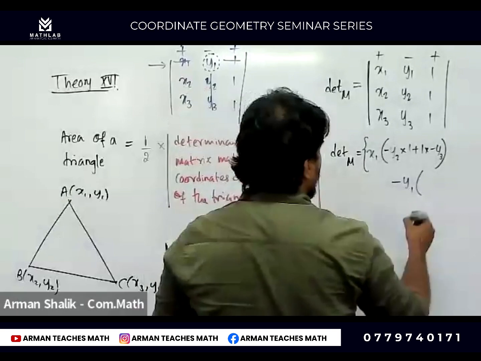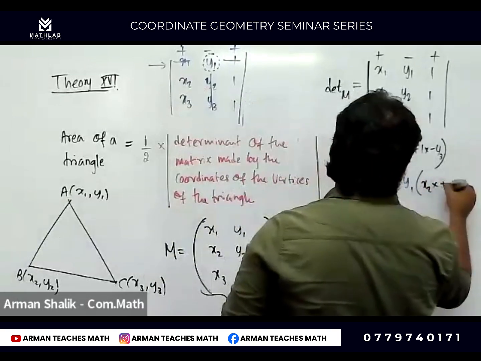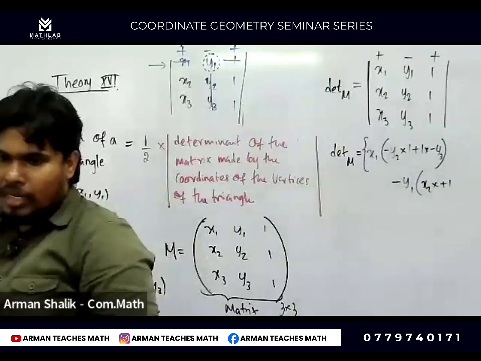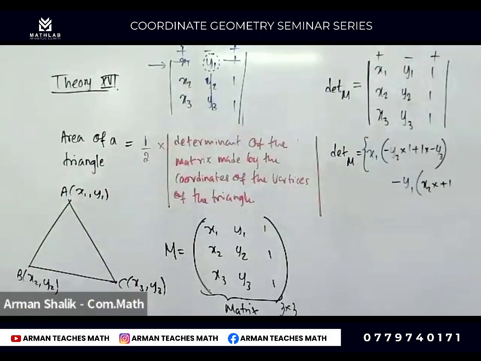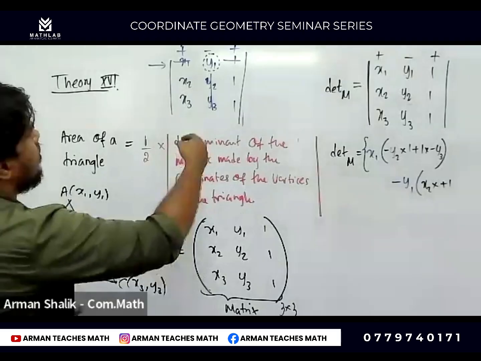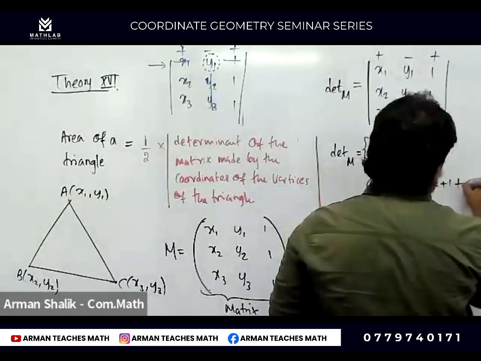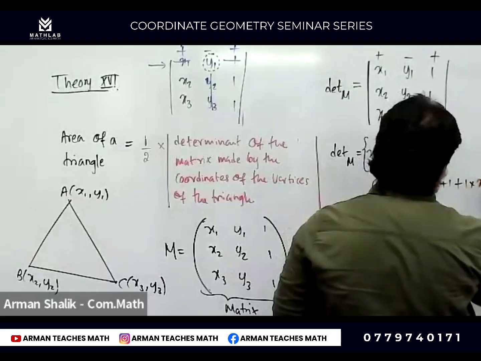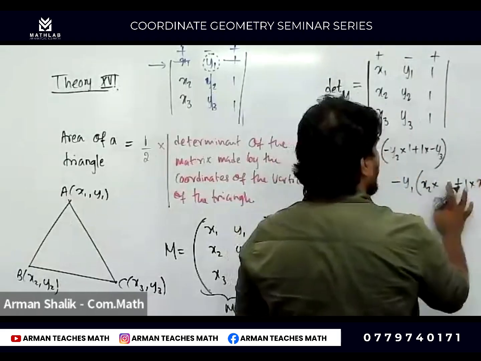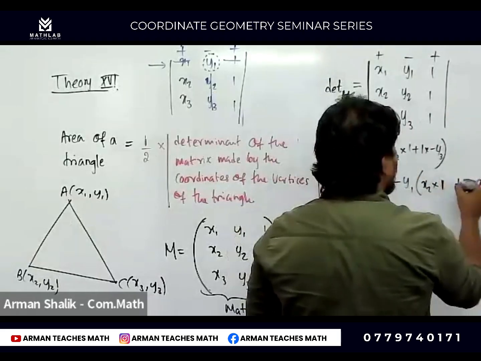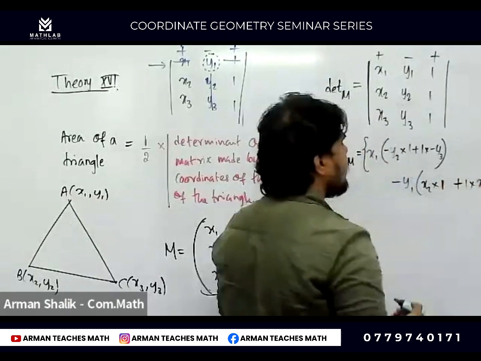Next, plus 1 multiplied by plus x3. Okay, make a plus 1, just write it as plus 1. Plus 1 multiplied by plus x3.